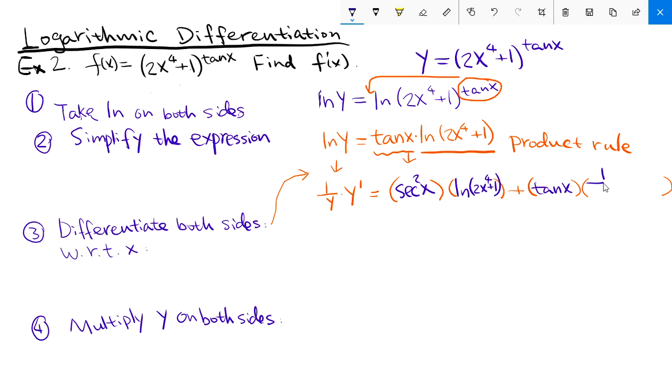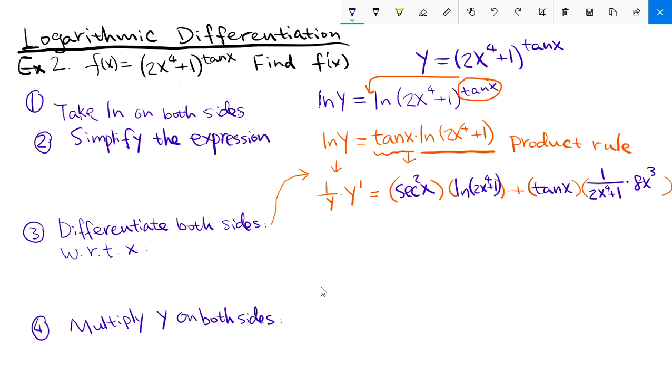Normally, we do the derivative of the outside first, which is 1 over whatever we have, leave the inside alone, times the derivative of the inside. The derivative of 2x to the fourth plus 1 would be 8x to the third plus 0 by the power rule. So that's my f prime times g plus f times g prime, right? Now we have our derivative.